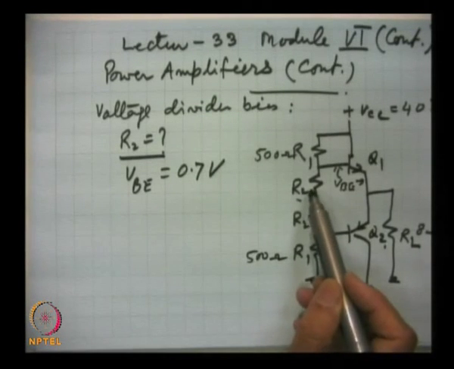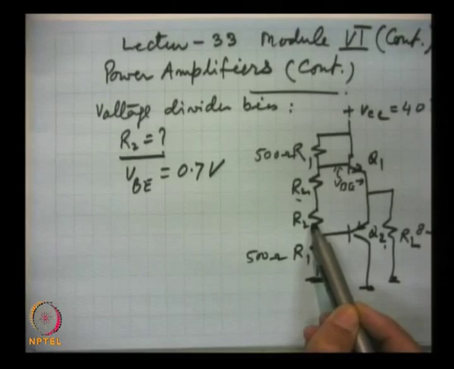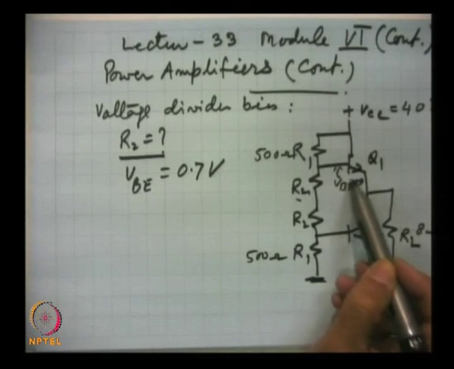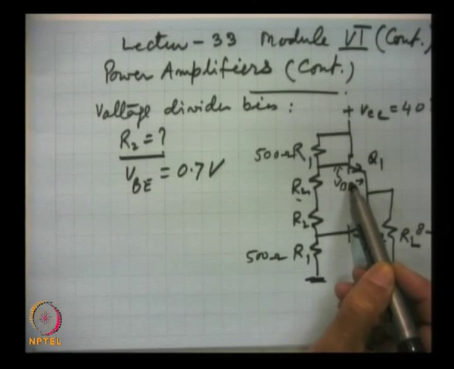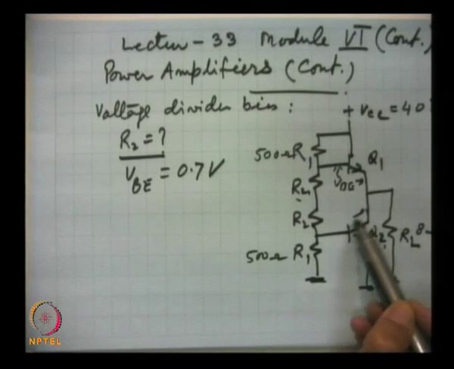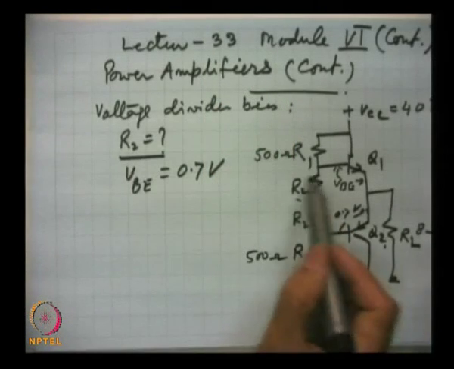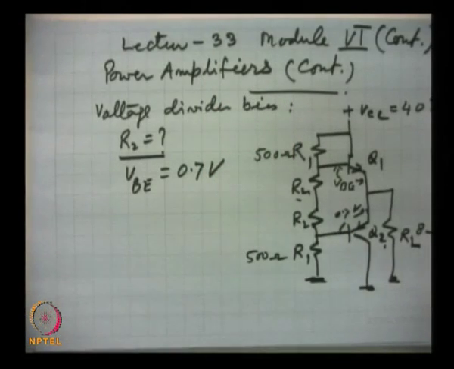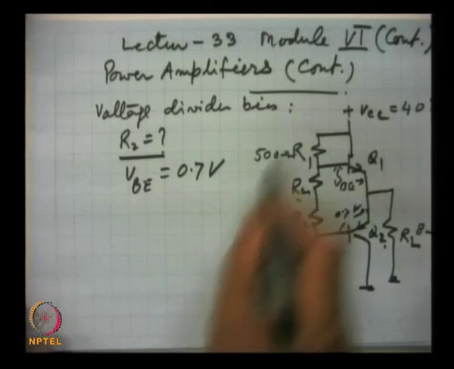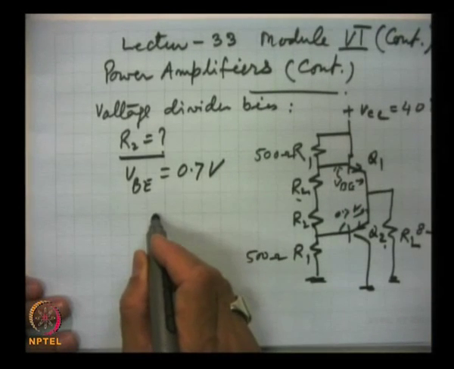This example will illustrate several points. Now, this R2 and this R2 are identical, because the voltage drop here is 0.7 volts, same as here also 0.7 volts. I made a statement that for analysis purposes it is sufficient to take the half circuit. So, to find out the value of R2, I will take half of the circuit, and that is this.